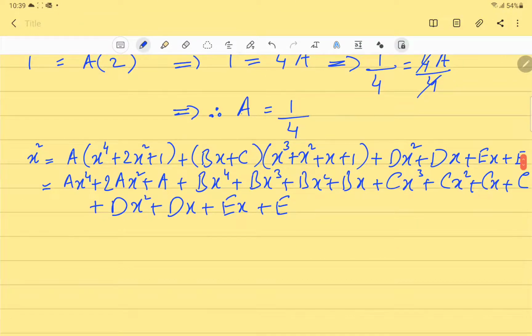Now we will combine the values of x which are with the same degree.